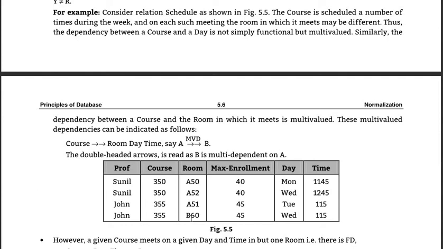These multivalued dependencies can be indicated in the mathematical form given here. Course determines room, day, time, say A determines B. The double-headed arrow is read as B is multi-dependent on A. Here you can see the table in which, in the course attribute, the value 350 is repeated, and that's why course is multi-dependent on room, day and time.